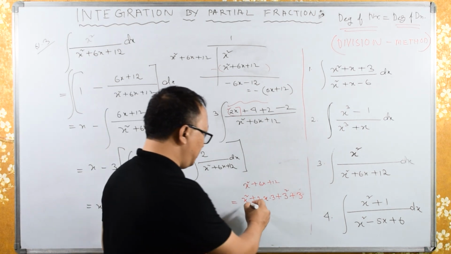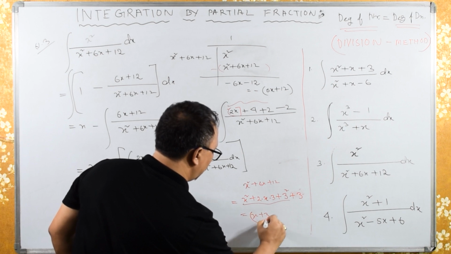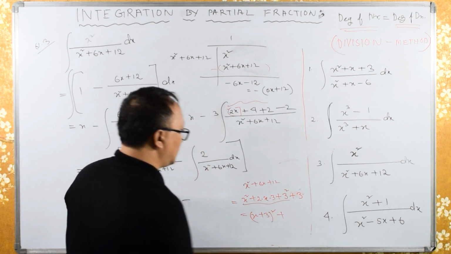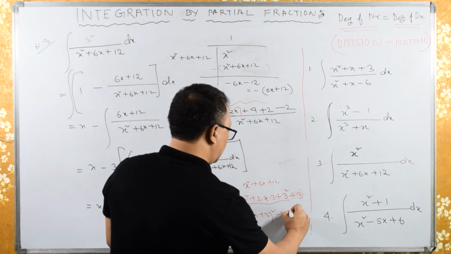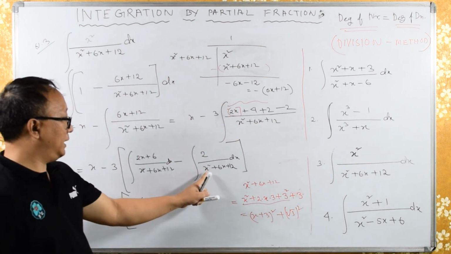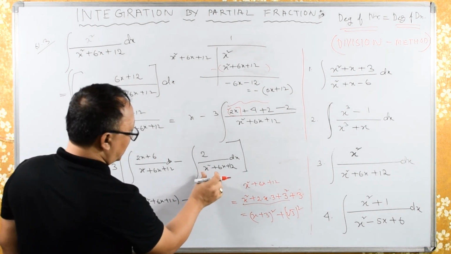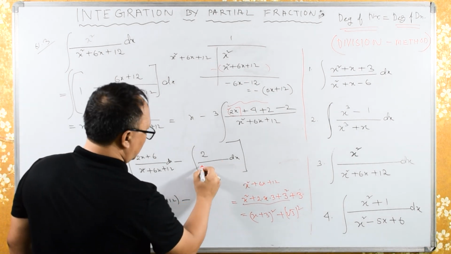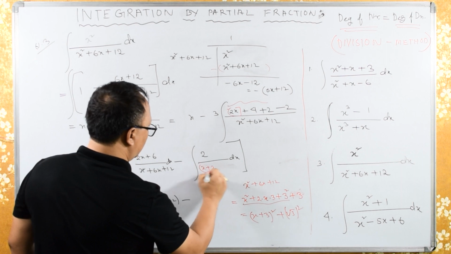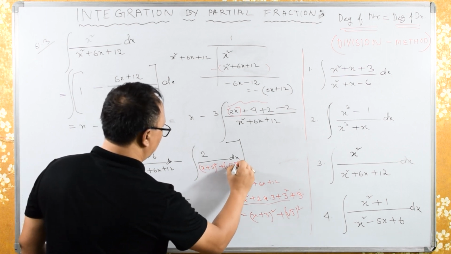Now this becomes x plus 3 the whole square plus 3, which is the same as root 3 the whole square. Therefore instead of this term I can write x plus 3 the whole square plus root 3 the whole square.